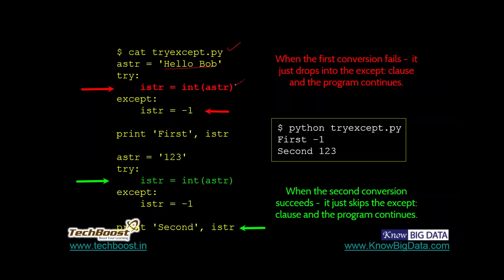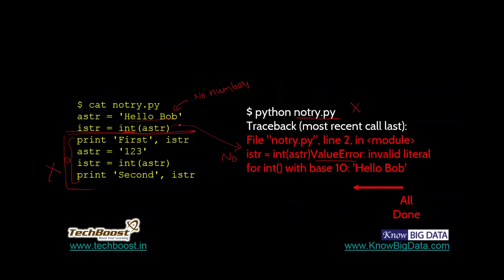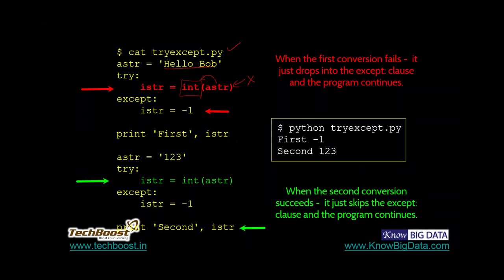Now we know that this is dangerous code. And why is it dangerous code? Because the conversion might fail in cases of converting a string which does not have a number to an integer. We just saw an example of it, right? We try to convert a string which does not contain a number to an integer. And boom, this is our dangerous code.